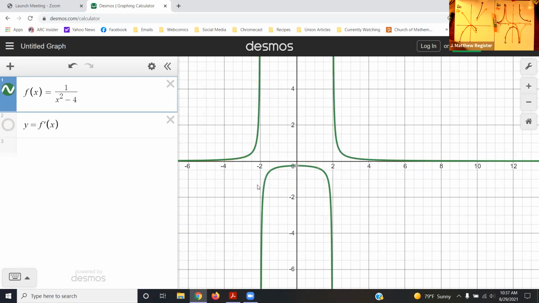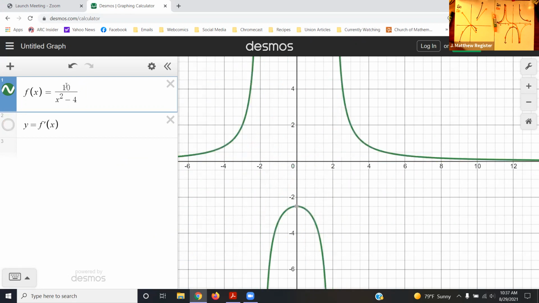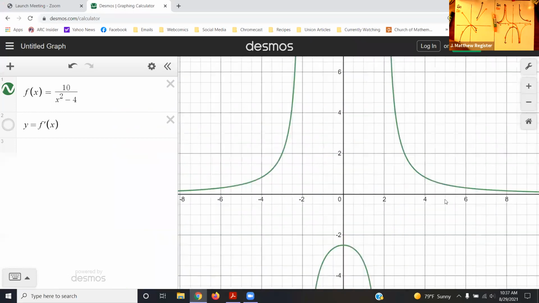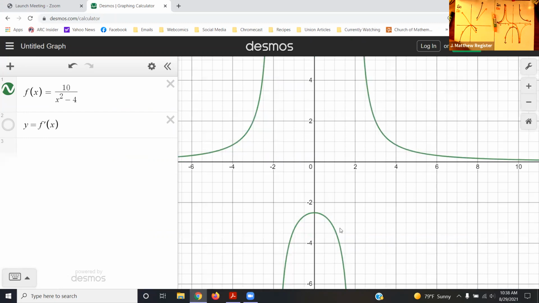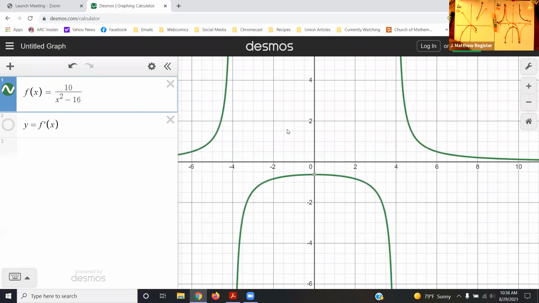Yeah, it looks pretty promising. Maybe we'll multiply it by something just to make it a little bit more visible. There we go. So we can see that we have the function increasing here, and then it's going to have an asymptote, and then it's going to be decreasing there. If we want, we could even make it a little wider so that we can see it even better.